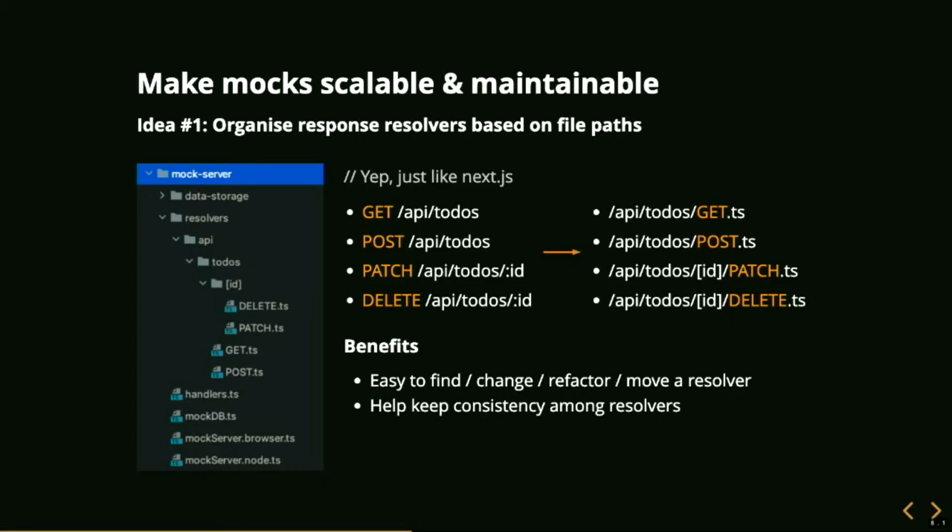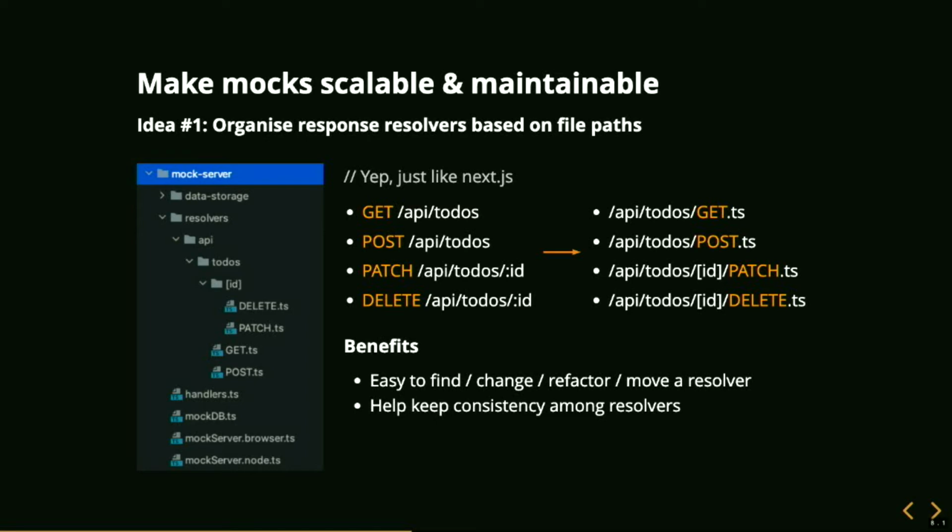I did some experiments, and the outcome works well for my project, so I'm just going to share some of my findings here. The basic idea is to organize response resolvers based on file paths. Yep, just like Next.js, but a little bit of variation. So if we want to write a resolver for the get to-do items endpoint, we could place it in /API/todos/get.ts.